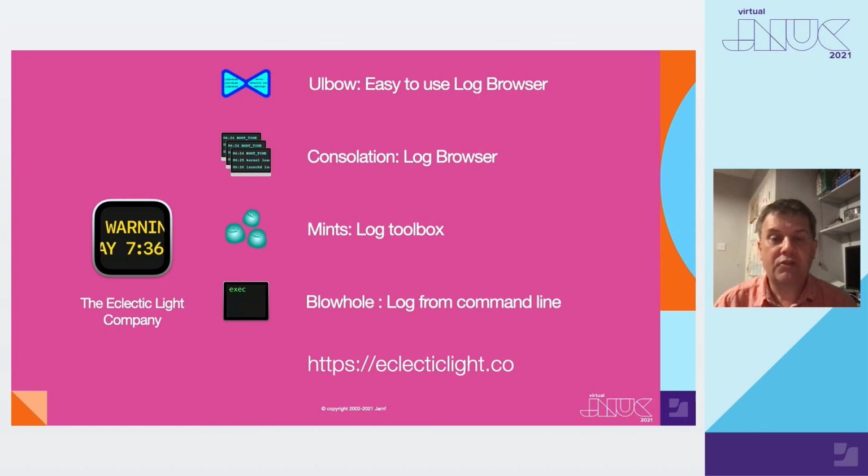There's one called Console, which is much more advanced, so it lets you create those predicates we looked at within the UI. And there's one called Mints, which is a selection of tools that have pre-saved predicates. So, for instance, there's one for Time Machine, one for iCloud, one for the login window. They're pre-built in, and by clicking a button, you can get those logs immediately.